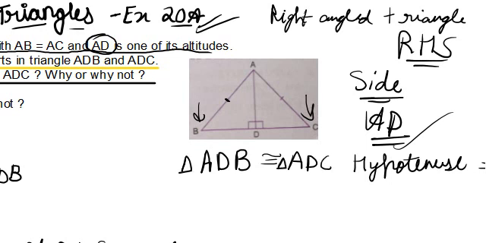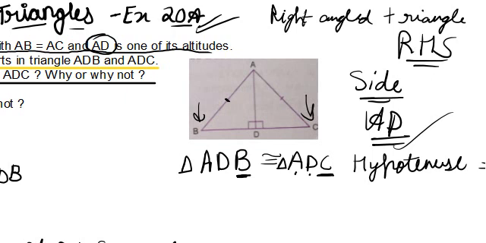Fine. Now, like I told you, we check the sides and the angles in a triangle through their names only. See, B is here, right? The third letter of the first triangle is B, that is ADB. So B is the third letter. And if C is also the third letter of the second triangle, then it is equal. And you see that in ADC, it is the third letter.